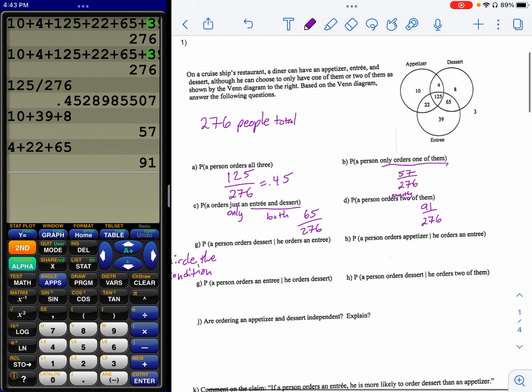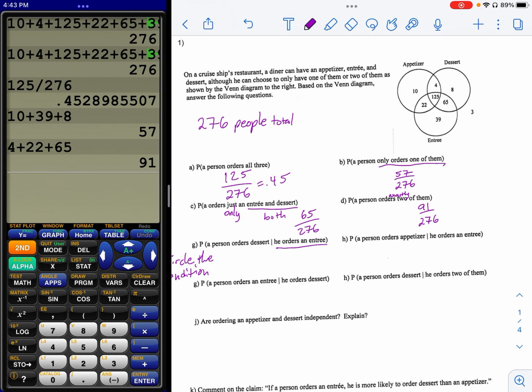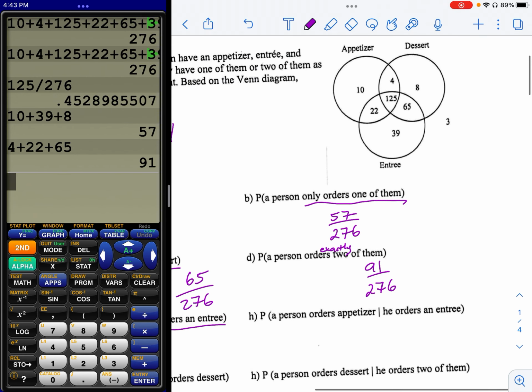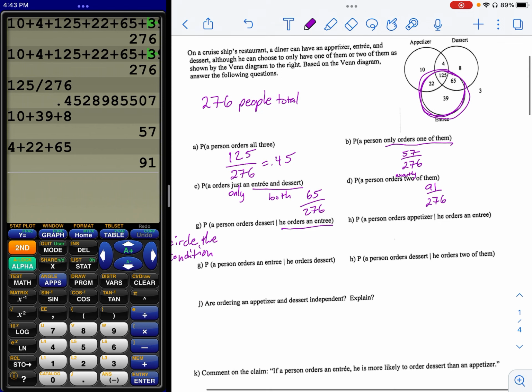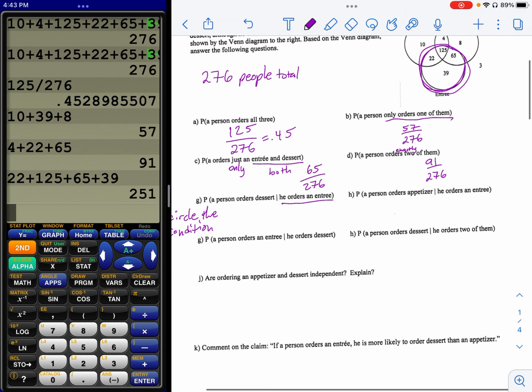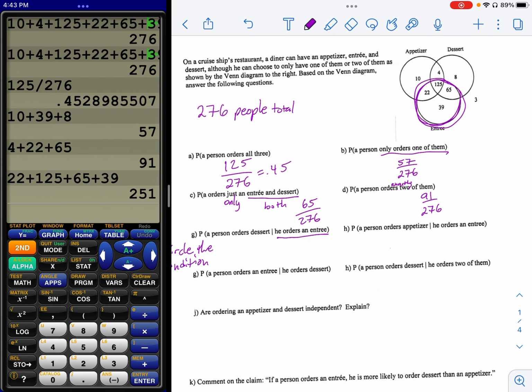In other words, my condition is that they ordered an entree. So, well, that's this entire circle. Everybody in this circle ordered an entree. Okay, so that is my sample, so to speak. I have to pick from somebody in that circle. So in that circle, there are this many people, 251. And of those people, how many ordered a dessert?